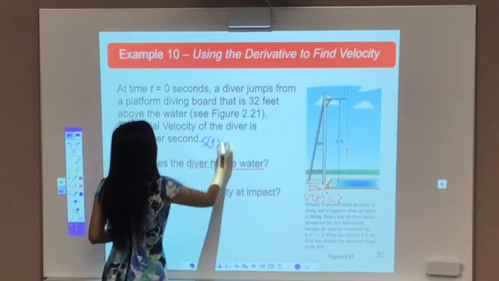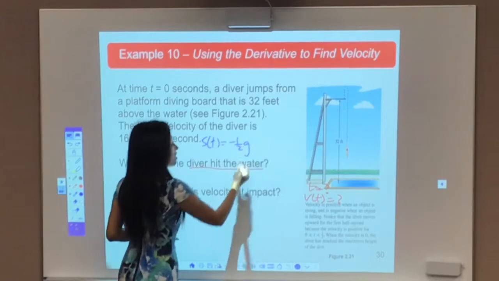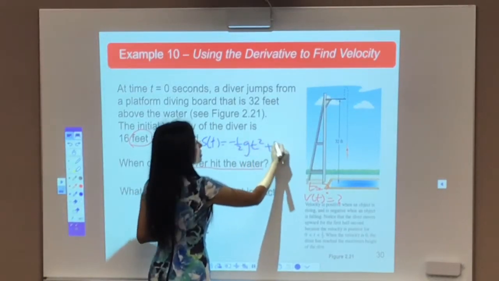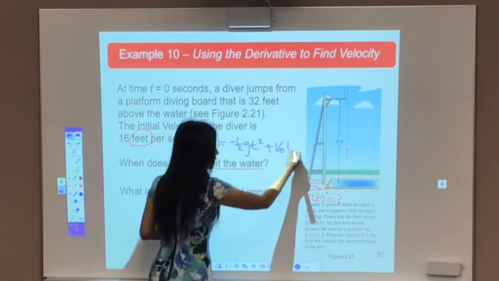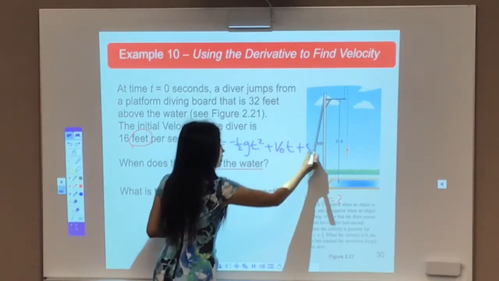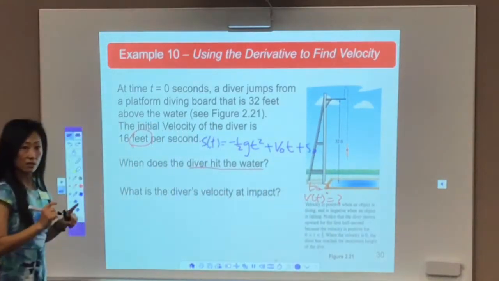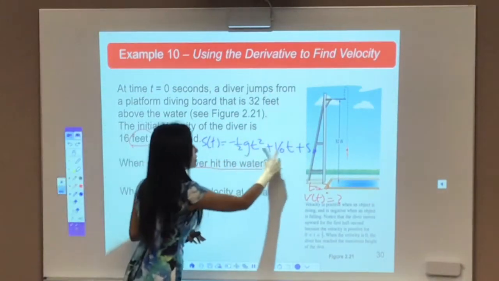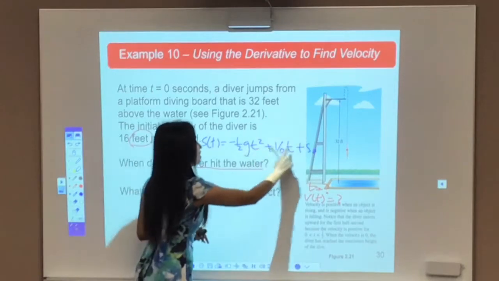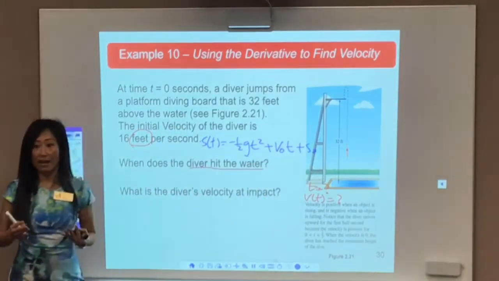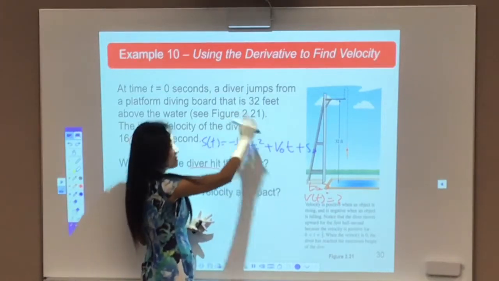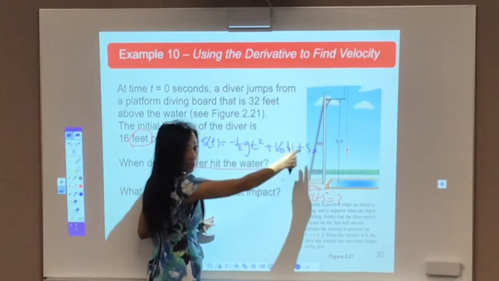Yes. S of t is equal to negative 1/2 g t squared plus v0 t plus S0. So that's your given, and we have to figure out what to plug in for the numbers we don't know. t is fine, because that's the one we're going to figure out. But the problem has to provide me what this is and what that is. Are you with me, class?